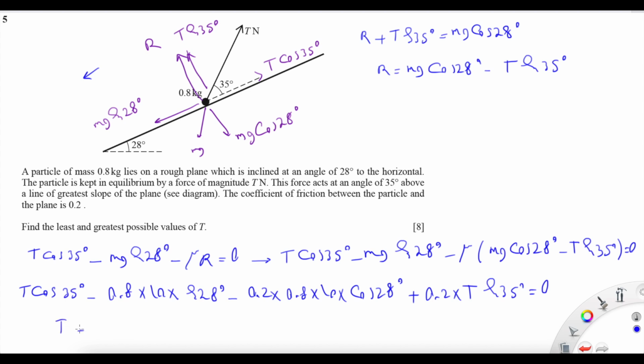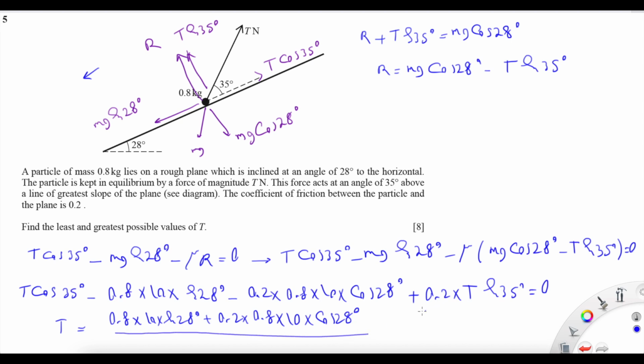Making T the subject, it will become 0.8 times 10 times sine 28 degrees plus 0.2 times 0.8 times 10 times cosine 28, divided by, here the coefficient of T is cosine 35 plus 0.2 times sine 35.